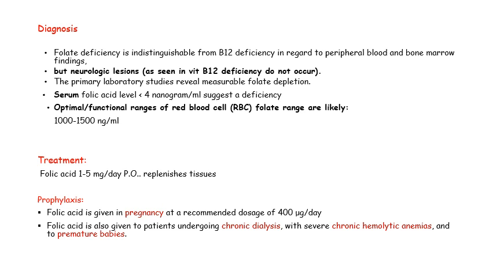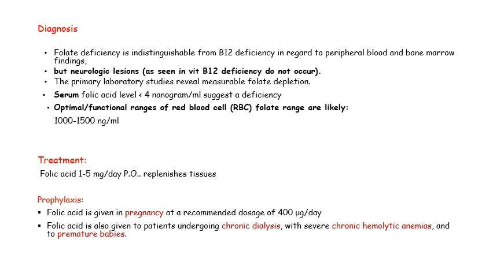The primary laboratory studies reveal measurable folate depletion. A serum folic acid level below 4 nanograms per ml suggests a deficiency, but the optimal and functional range of red blood cell folate is likely between 1000 and 1500 nanograms per ml.